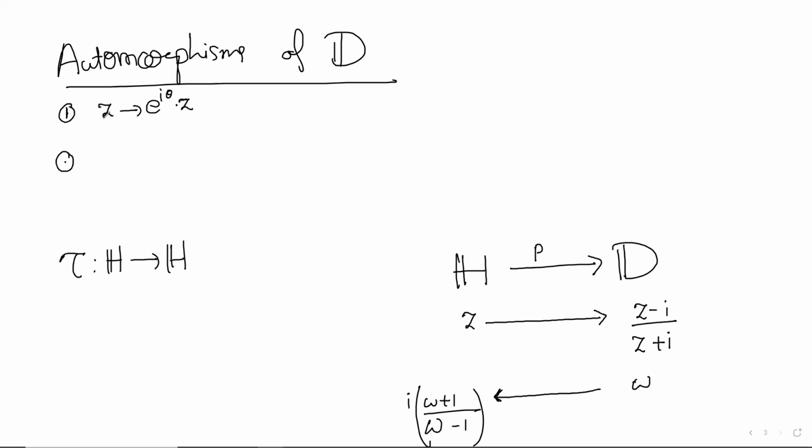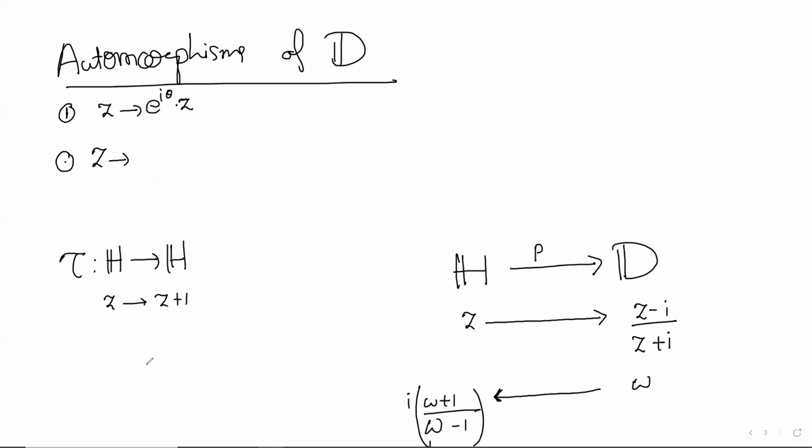We have to take like this one. Now that I write it, I shouldn't have taken so long to think about this. Okay, so this is tau, and tau is taking z to z plus 1.